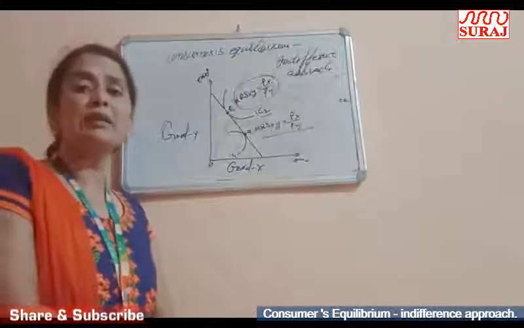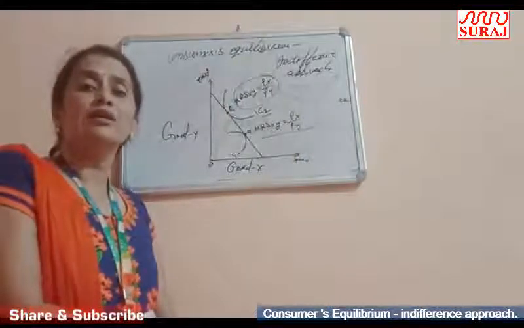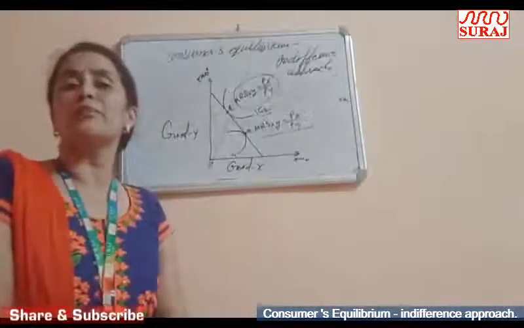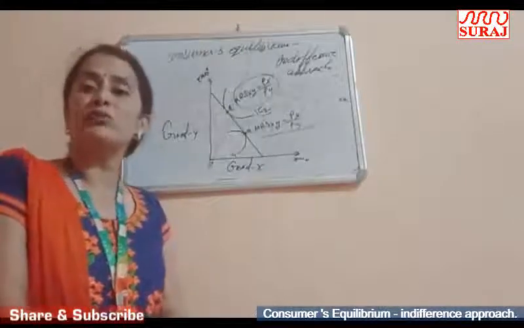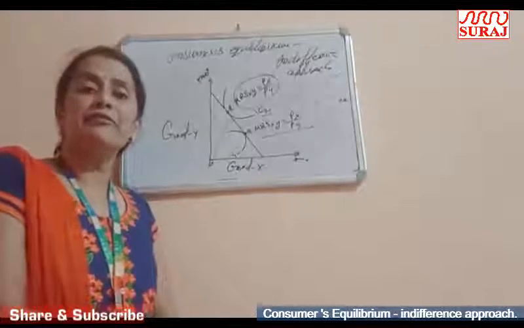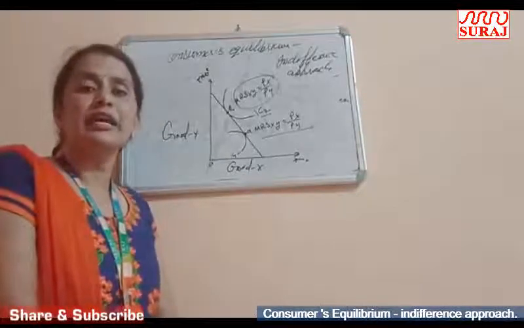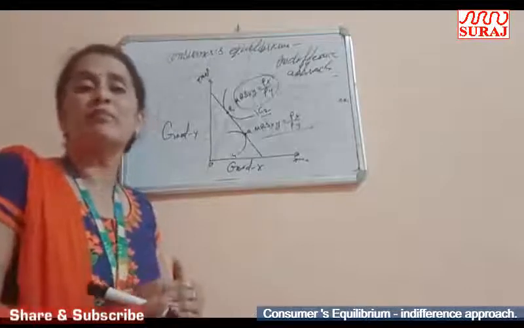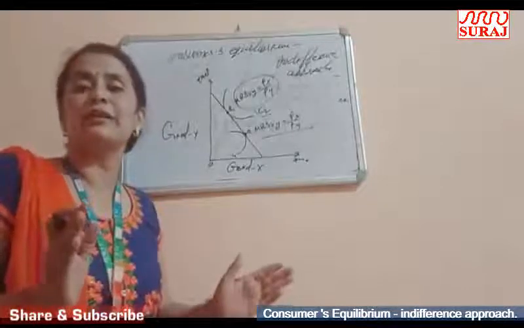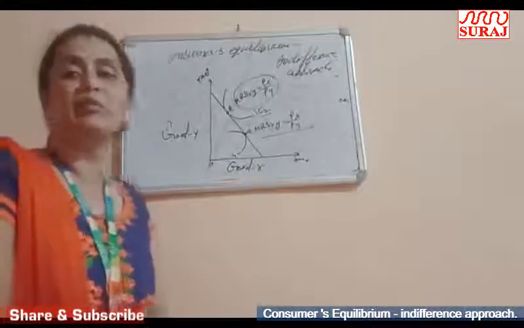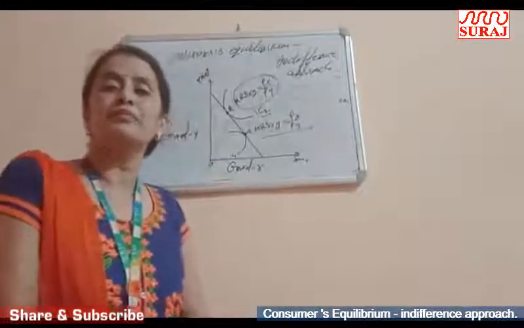So this is the main reason that at the equilibrium point the IC must be convex to the origin, because if it is concave to the origin then it fails the law of diminishing marginal utility. It means ये सारे law of diminishing marginal utility यहाँ पर fail हो जाएगी, इसलिए IC must be convex to the origin at a point of equilibrium, right?